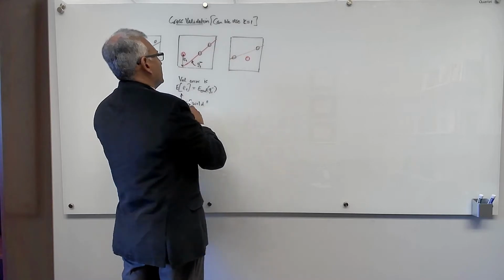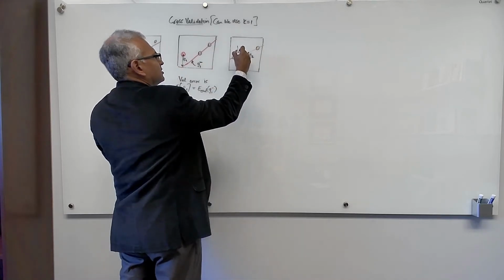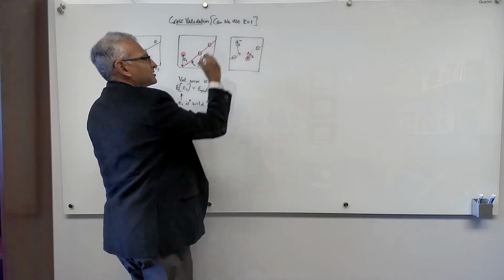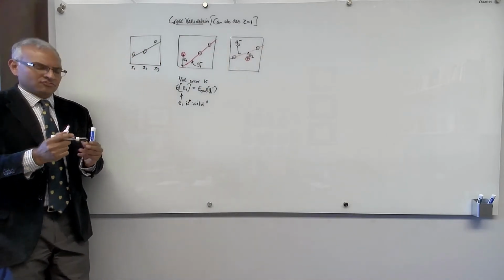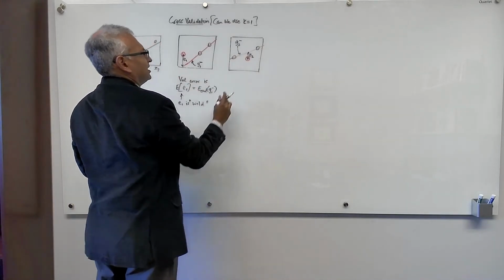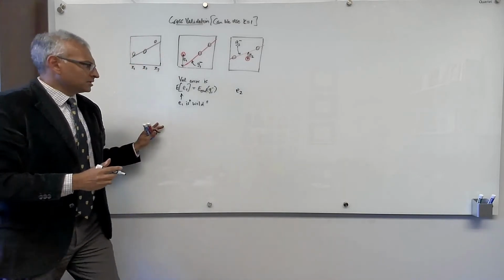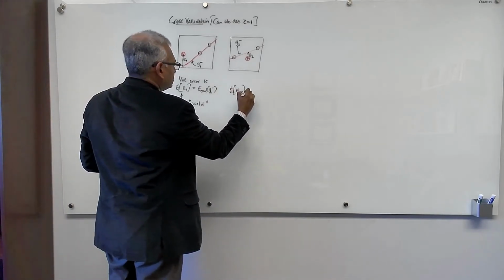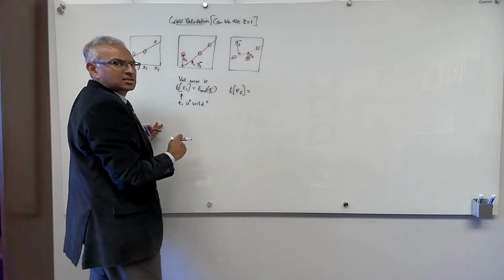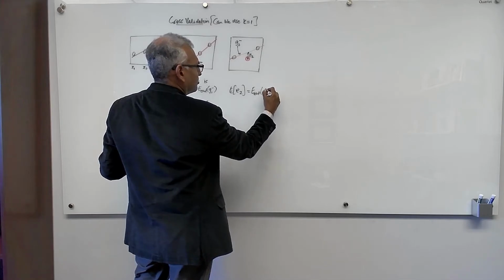Now I have an error which is E2, and this is my deficient hypothesis G2 minus, the deficient hypothesis I get from leaving out data point x2. The validation error in this case is E2, and again the expected value of E2, with respect to the second data point, is indeed E out of G2 minus.